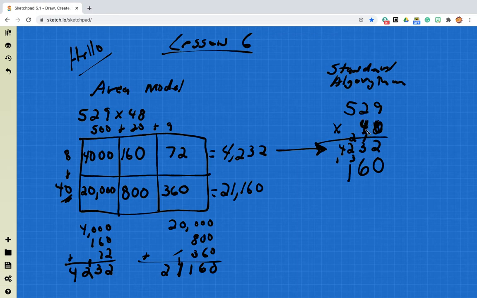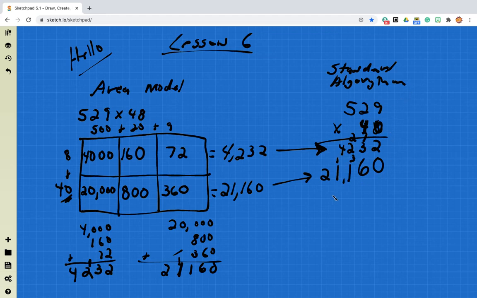It's 4 tens. 4 tens times 5 hundredths is going to be 20 thousandths, right? Because 10 times 100 is 1,000. So it's going to be 20 thousandths. Plus 1 thousandths is going to be 21 thousandths. And looky there. It still looks like it's working out.